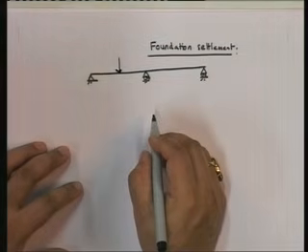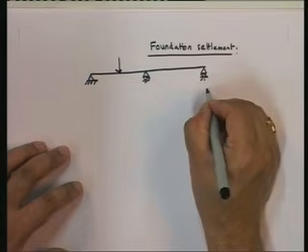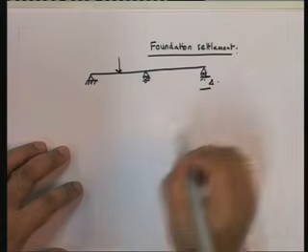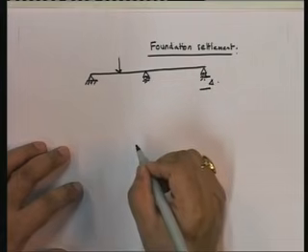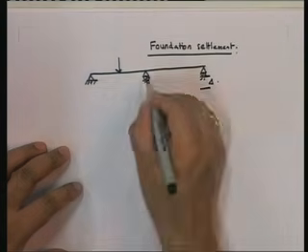Well, let's say that this foundation settles by a delta value. And we want to know what that effect is going to be equal to. Well, how would I solve this problem?